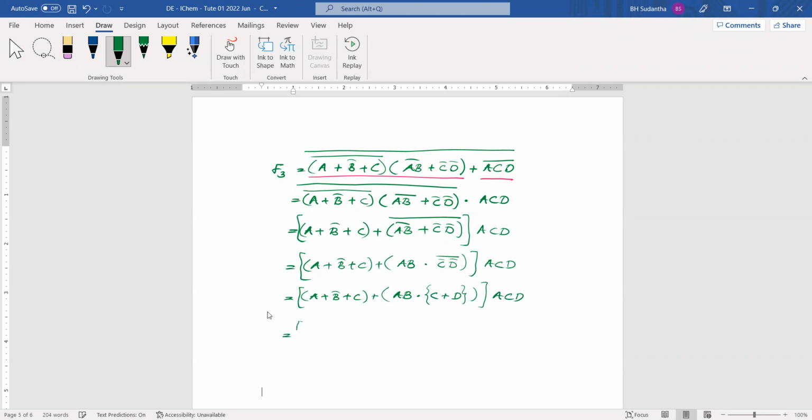Then we can keep this part inside this bracket. We can multiply this. This is ABC and ABD.